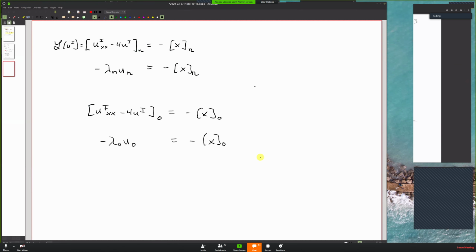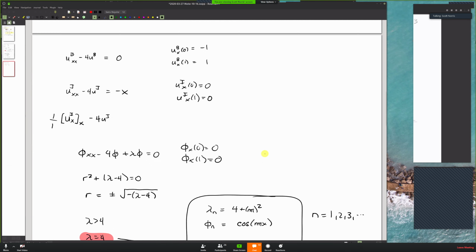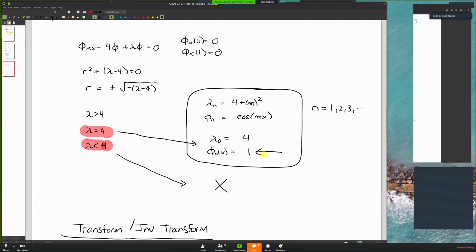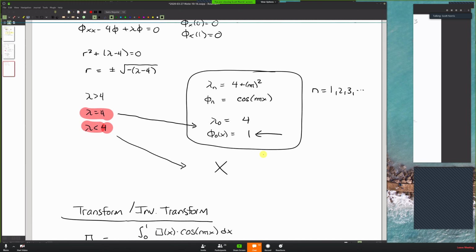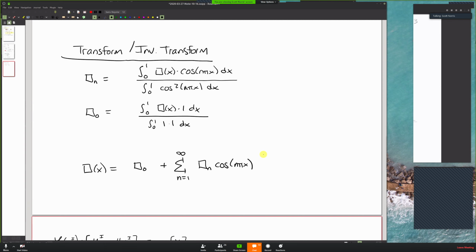Okay. So here's the last page. I split my problem. I looked at the eigenfunction problem. I considered 3 cases. I got some different eigenfunctions and different eigenvalues. And then I defined my transform and my inverse transform.